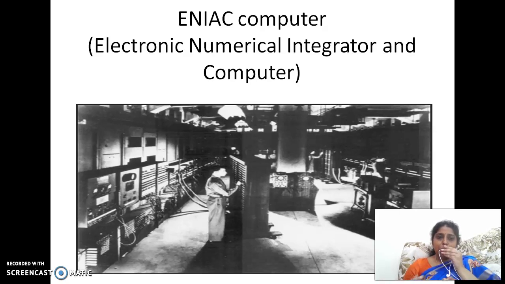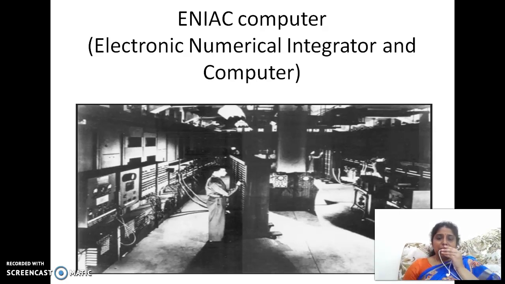If we have too many components packed together in a small area of silicon, then only it is capable of having too many features. So the portable, handheld products we are enjoying today are the result of Moore's law, which he predicted in 1965.